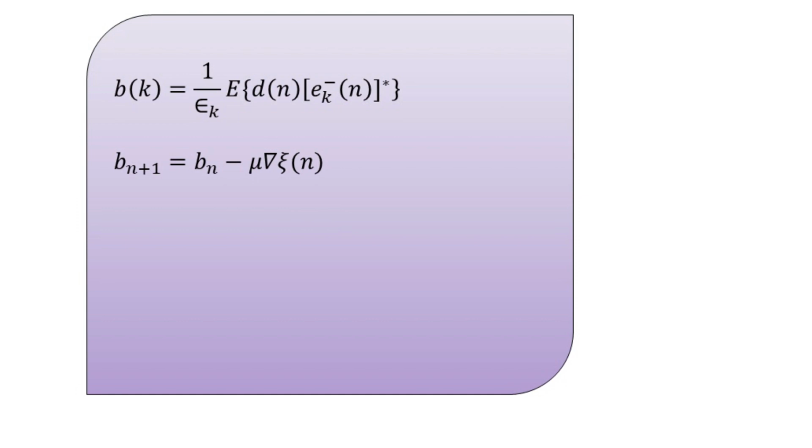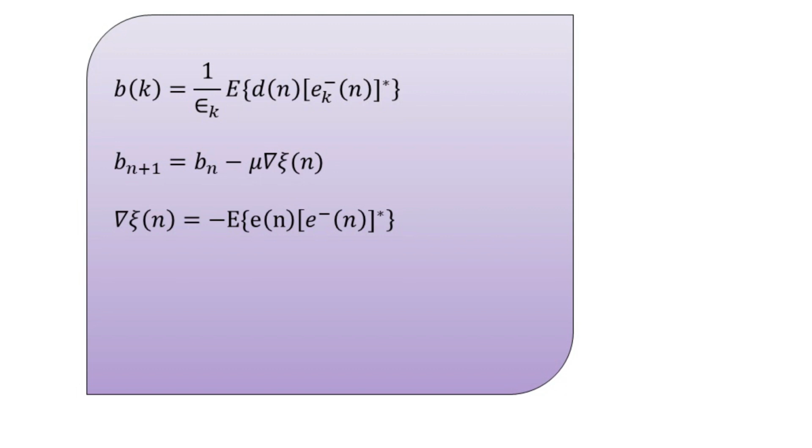Now since the gradient involves an expectation here, so here it is gradient zeta of n, that is nothing but minus expectation value of e of n into the complex conjugate of e of n, e is negative here.